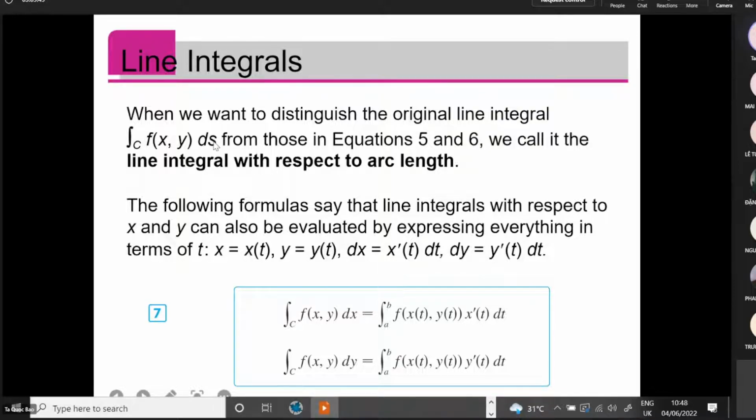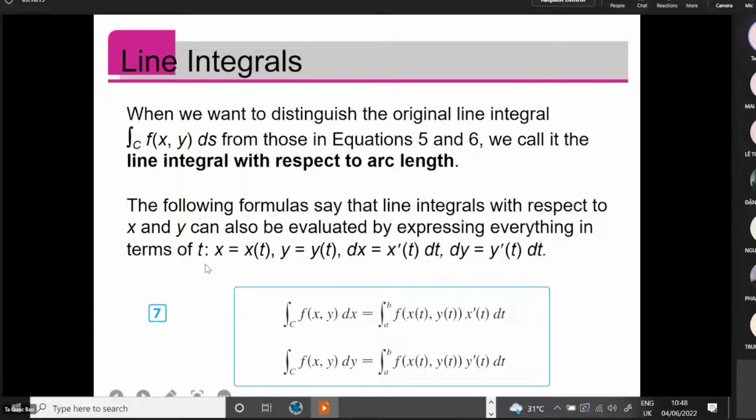So now when we want to distinguish the original integral of f(x, y) ds from these equations, we call this a line integral with respect to arc length.